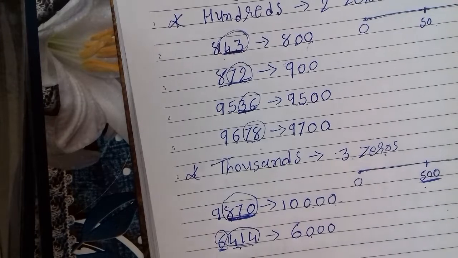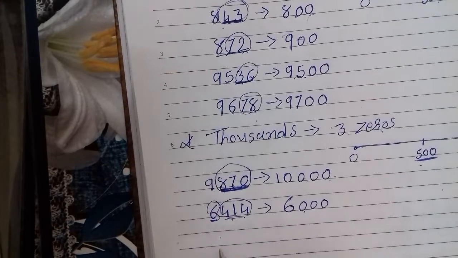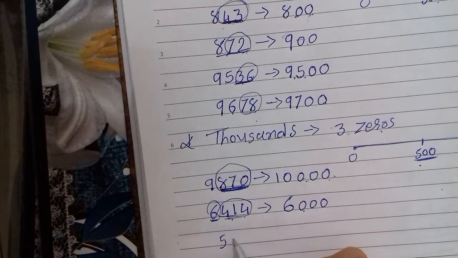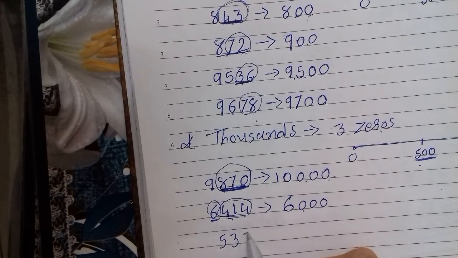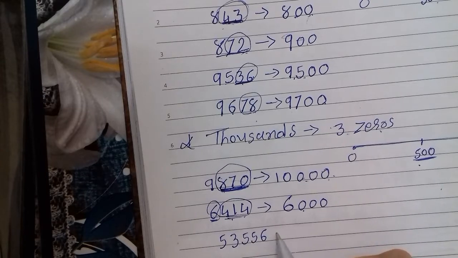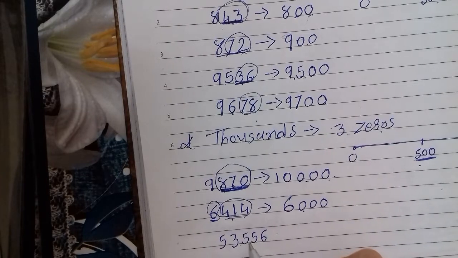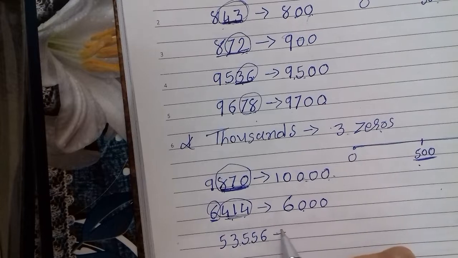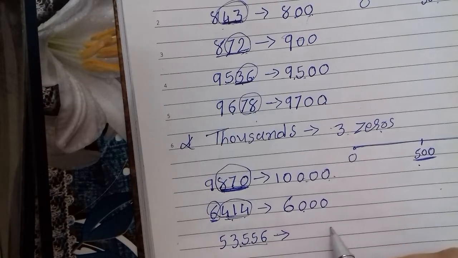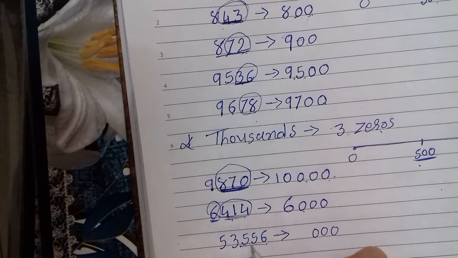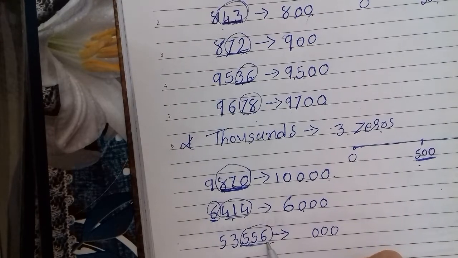Next, 53,556. Here put 3 zeros. Now observe these last 3 digits.